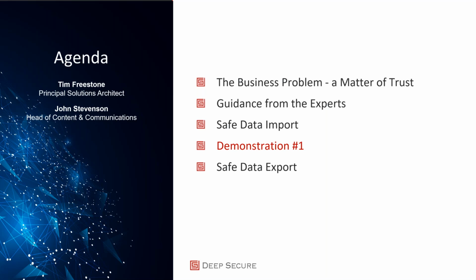Tim, I think we've got another demonstration again, haven't we? Yep, this is going the other way, so sending data out and making sure that you only export the sort of data that you want to export, and that it's safe to export. That'll be demonstrating that with both emails and file transfers. Great stuff. And of course, we'll close the session with an opportunity for questions and pointers to some additional resources.